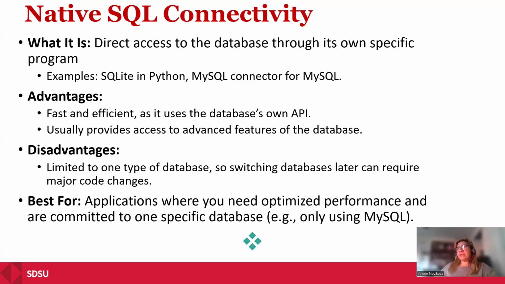It can be anything that is simple enough that it requires only one data source. A good example would be a simple app on your phone that tracks your daily activities, or a notes application which tracks your notes for a day. So a very simple, very specific use application. Okay, so that's native SQL connectivity.